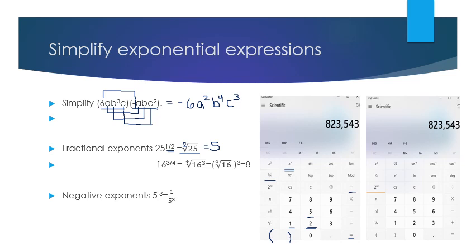Okay, so 16 to the 3/4 is a little bit more complex, but it can be solved in many different ways. First of all, you can do the same technique on your calculator, putting in the 16, raising it to the 3/4 power, or you could change it to a decimal, which is 0.75.